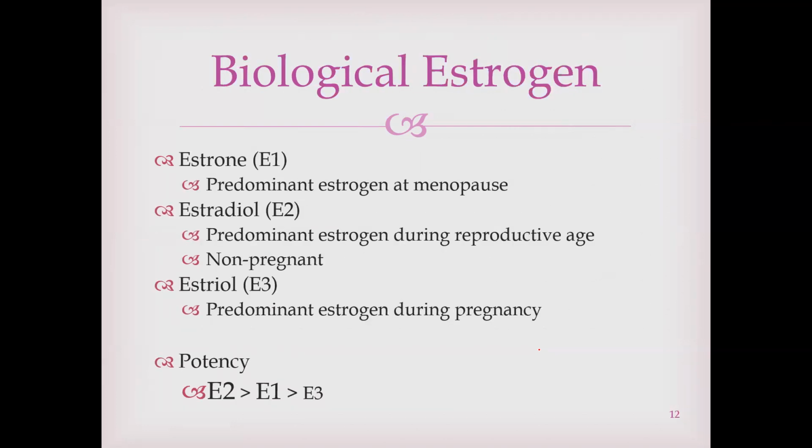And biologically, we have 3 different types of estrogen that we can manufacture as females, and men too. But in females, the estrogen that is most common in our reproductive age would be this estradiol, E2. That is a very potent form of estrogen, as we see at the bottom here.